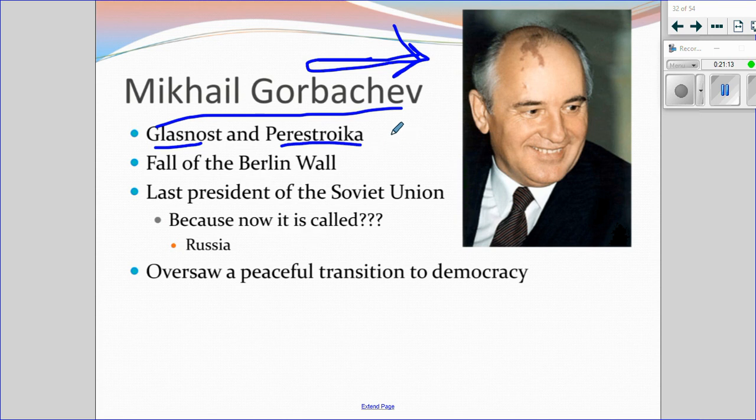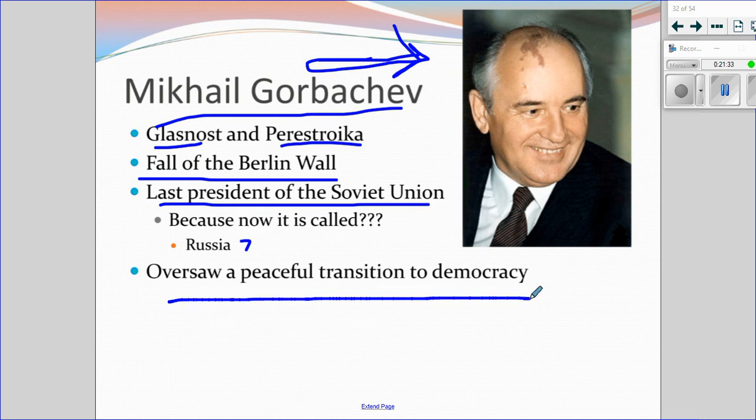Hey, let's restructure our economy, let's reform it and allow free market practices if that's what works. He let the Berlin Wall fall. He was the last leader of the Soviet Union because now it is called the Russian Federation. All right. And he oversaw a peaceful transition to democracy, Mikhail Gorbachev.